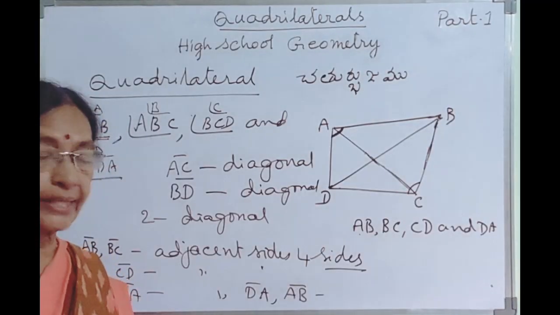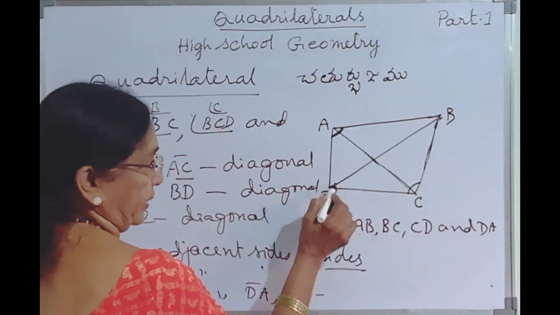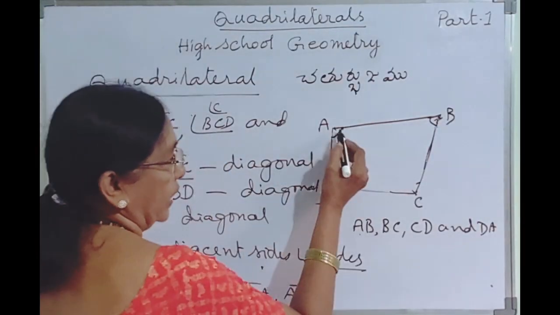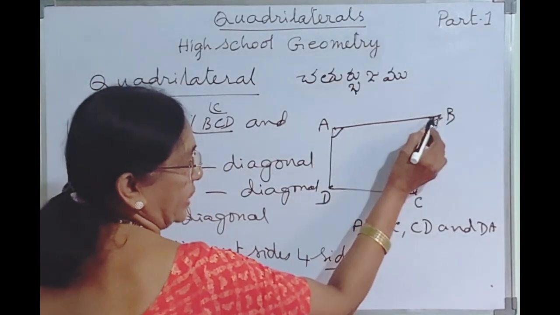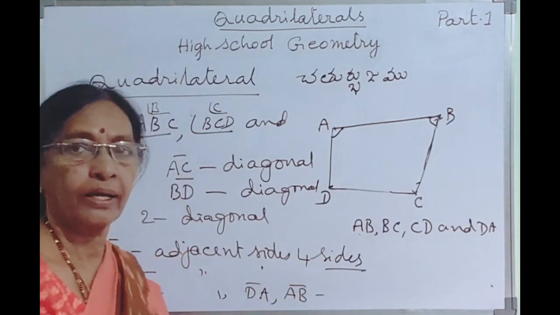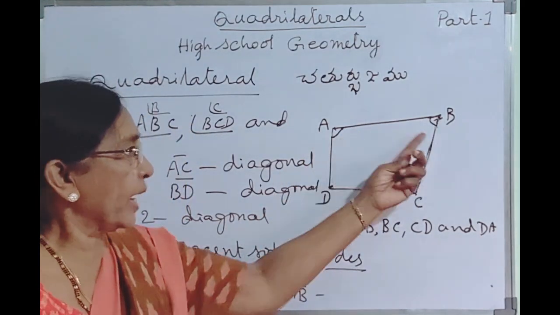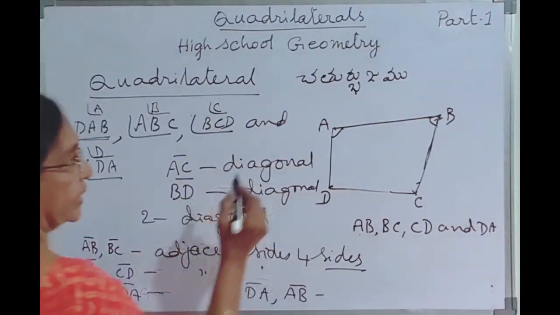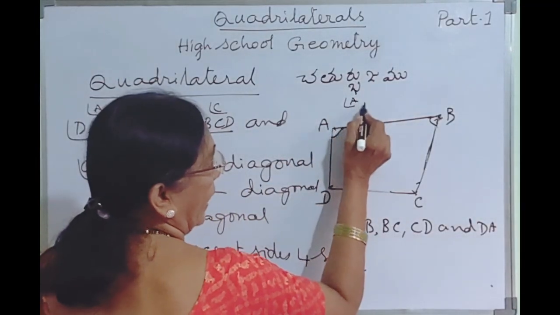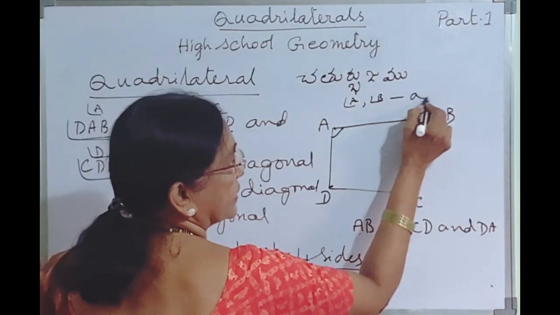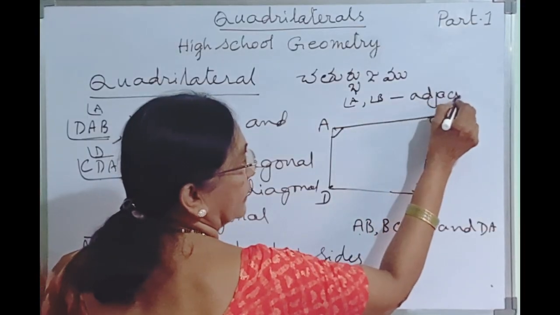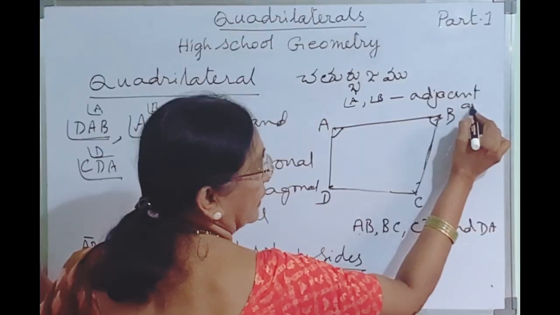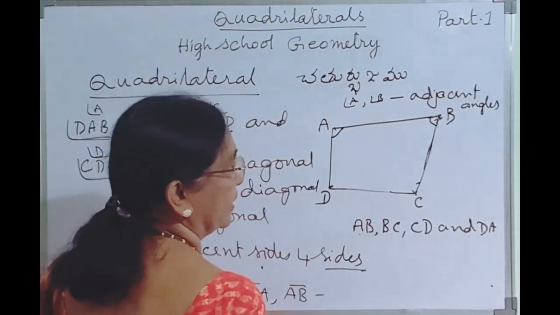Similarly, adjacent angles. Two angles having a common line segment are called adjacent angles. Therefore, angle A, angle B are a pair of adjacent angles.